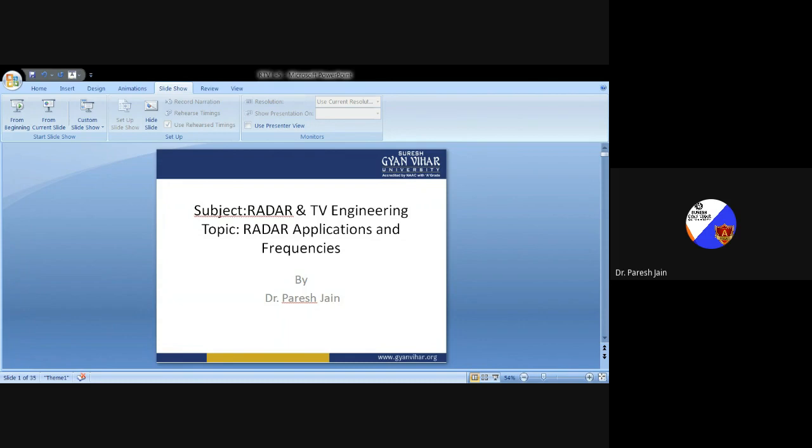Some reference books you can also see in the reference section. The first is Introduction to Radar Systems, Merrill Skolnik, third edition by Tata McGraw-Hill, 2001.